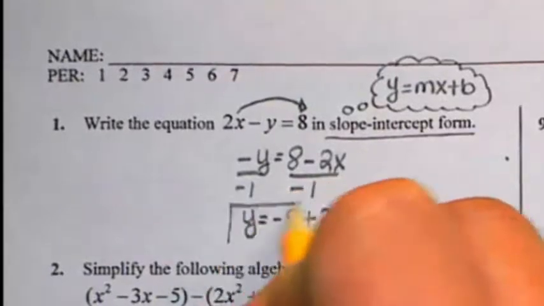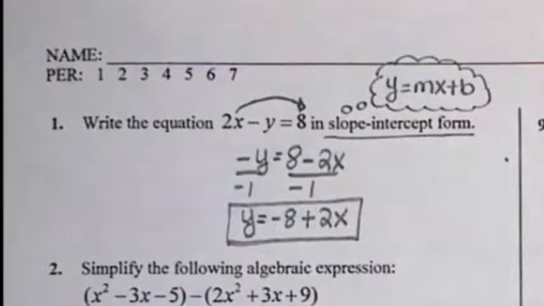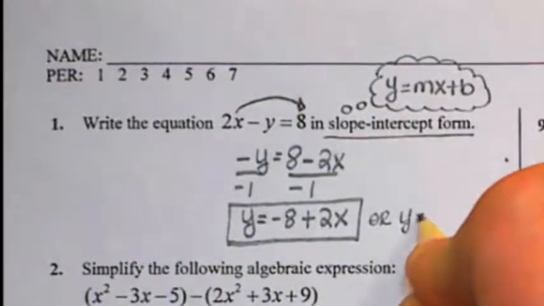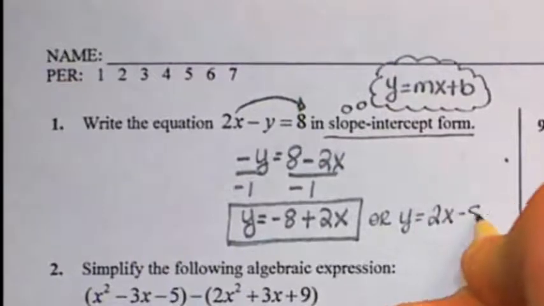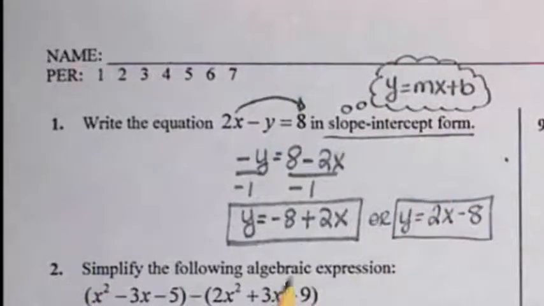The y is alone, so my answer is y equals negative 8 plus 2x. Also remember that you can write this answer as y equals 2x minus 8. So if it's a multiple choice question on the test, you could show it like this or like this.